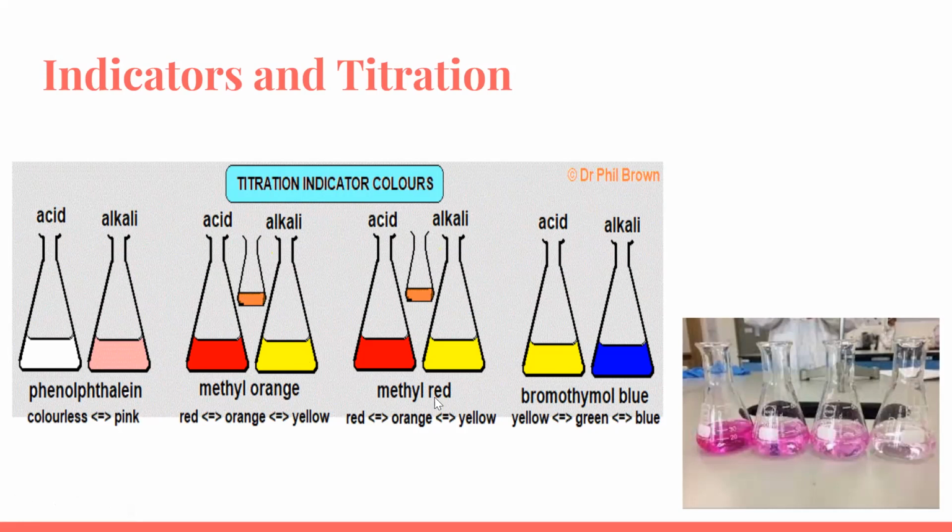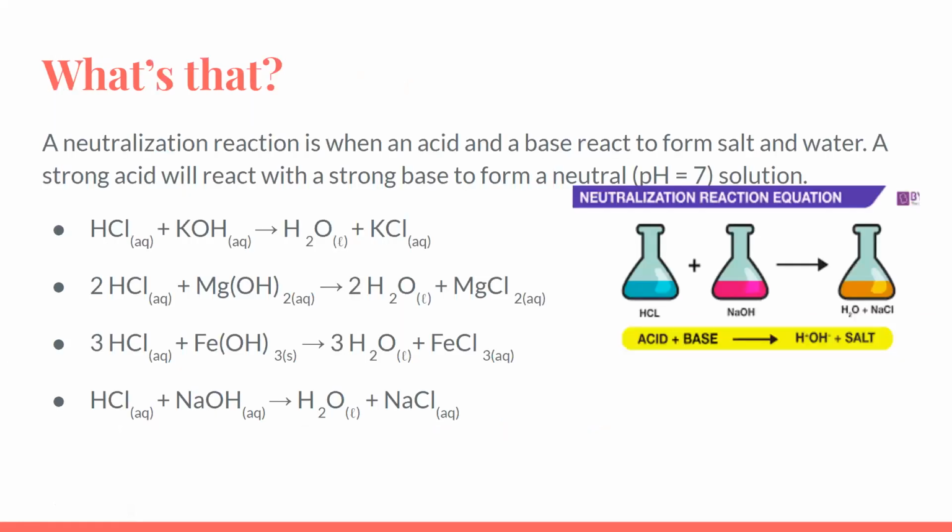All right, now why is this important? Well, we were talking about neutralization reactions, and we were talking about adding base to acid. So we need to know in a neutralization reaction when things are neutral.